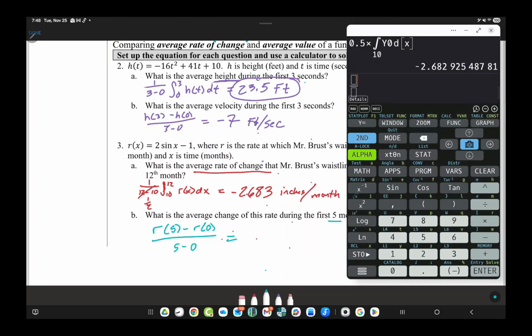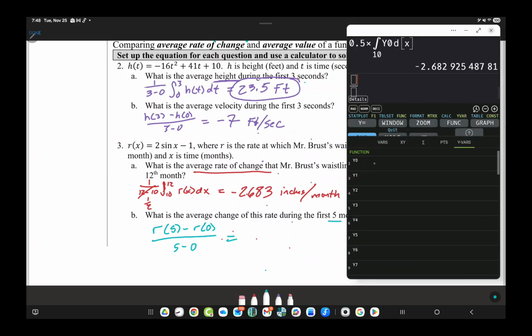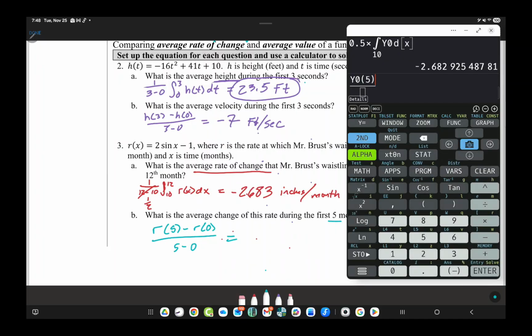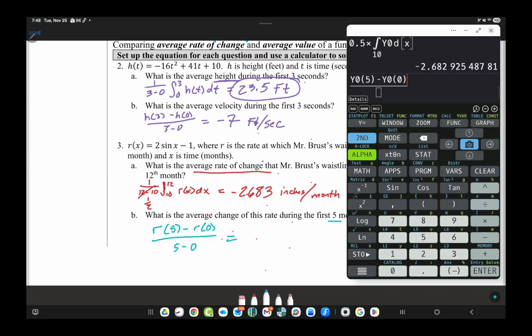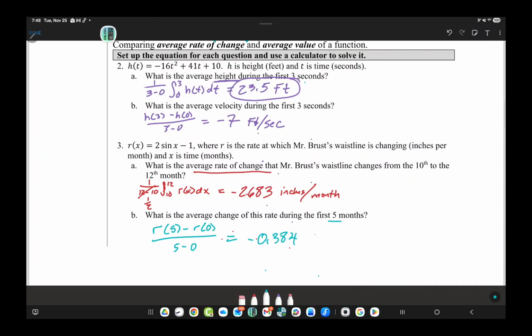So fraction variable of 5 minus variable of 0 all over 5. And we get he is losing about negative 0.384. Now again, because this is a rate of change of a rate of change, this is inches per month squared.